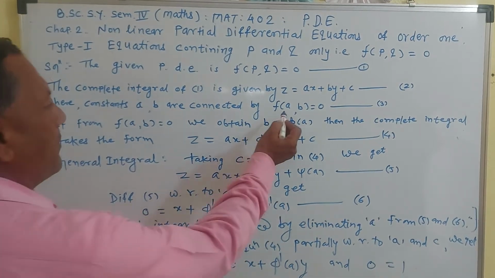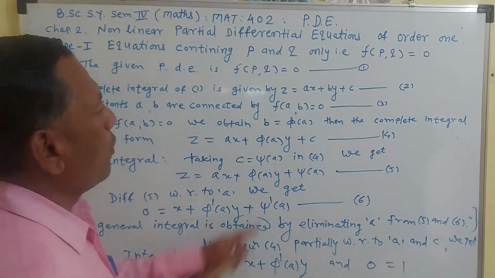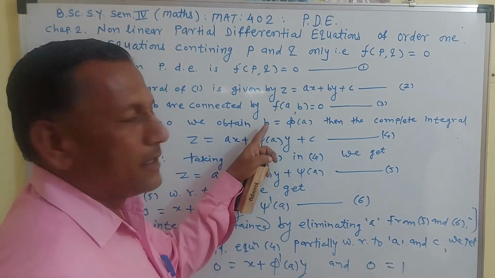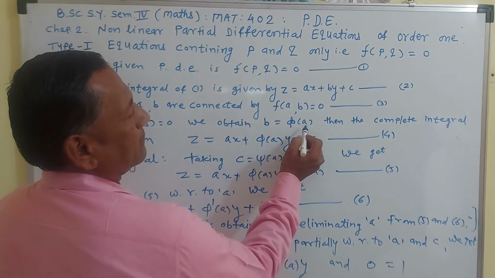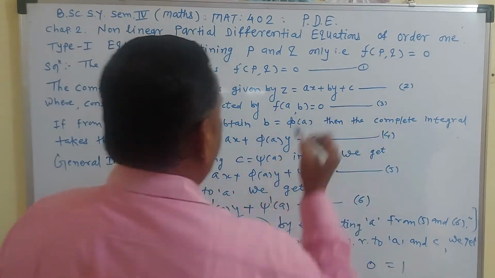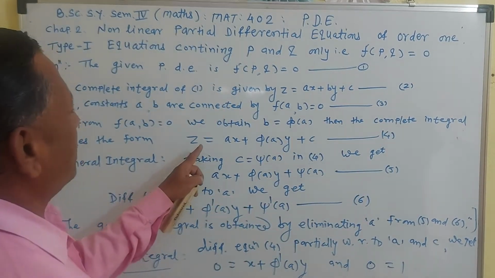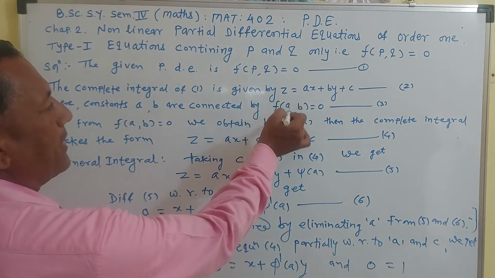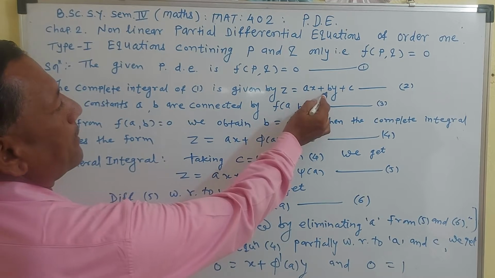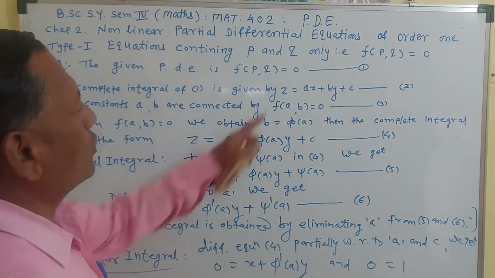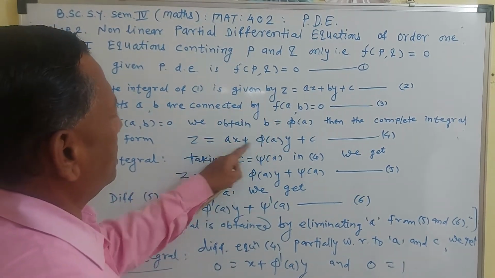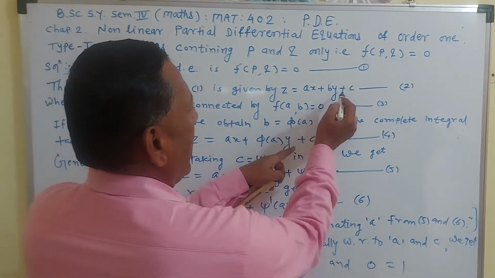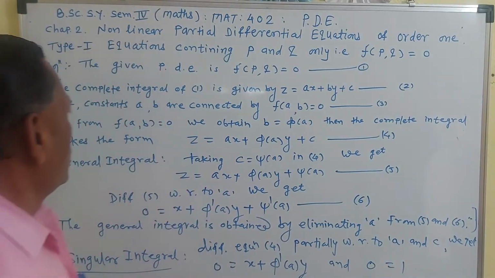Now from f(a,b) = 0, we obtain the value of b in terms of a. Let b = φ(a). Then the complete integral, equation 2, can take the form z = ax + φ(a)y + c.